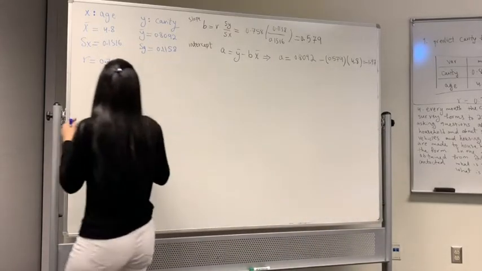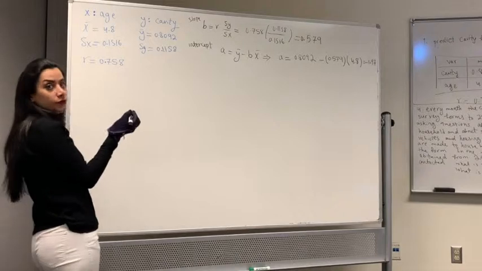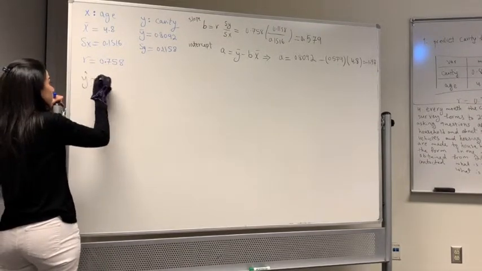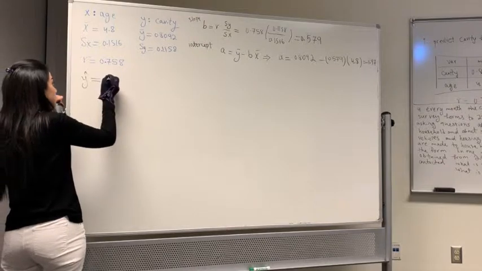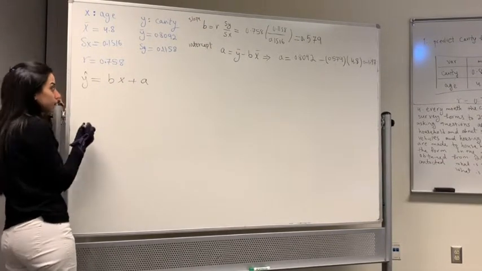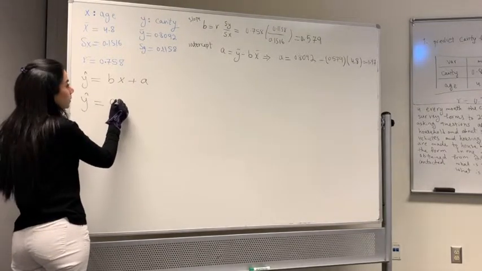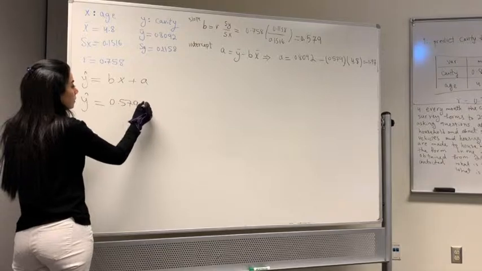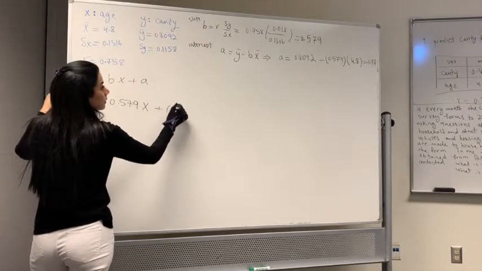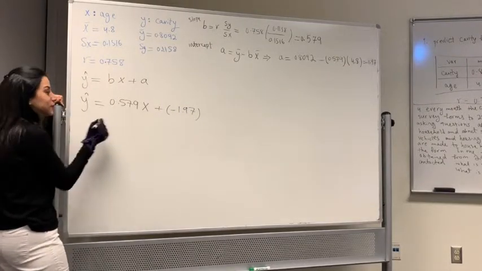Okay. So now we want to find the equation for the least square regression line. Y hat is equal to bx plus a, right? And we replace the slope, and then this will affect the positive.